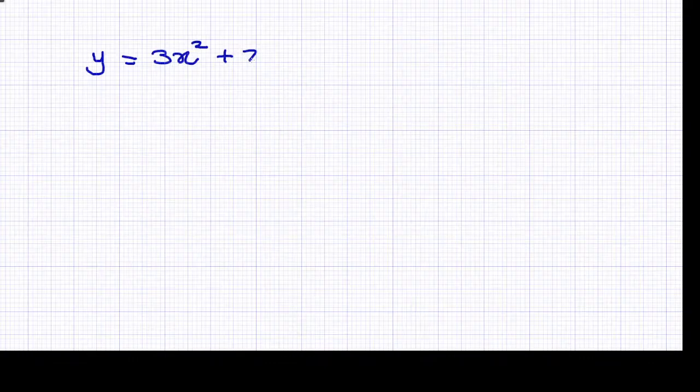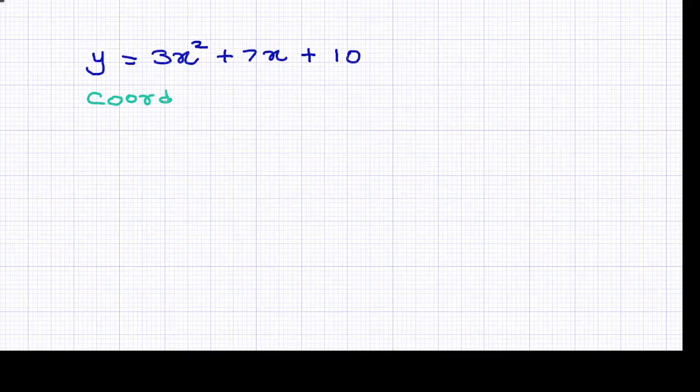The equation of that parabola is y equals 3x squared plus 7x plus 10. And you have been asked to find the coordinates of the turning point.